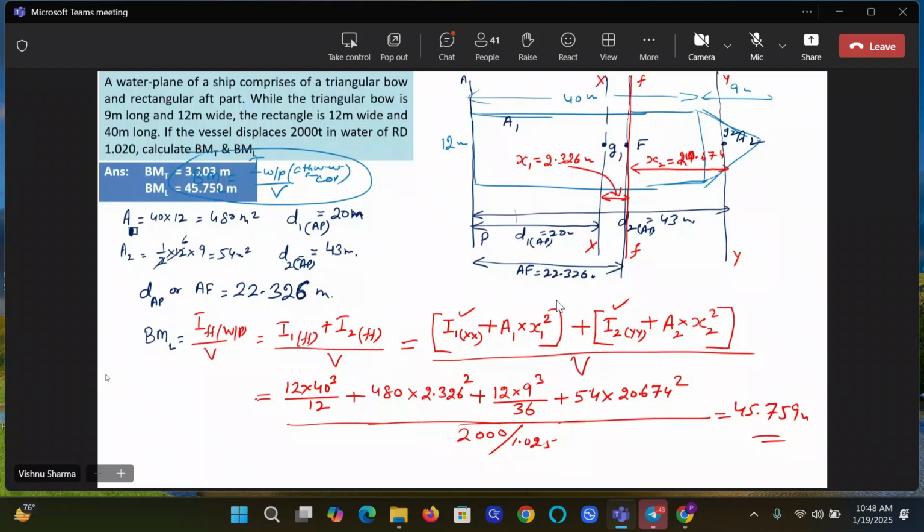Whatever I have written on this board is good enough for your presentation in the answer sheet, guys. But diagram, if you load properly, it will help you in solution. If you don't load the diagram, you'll mess it up somewhere. In the diagrams also, use a combination of pen and pencil. Okay, because then there will be distinction. You will be able to figure out much more from the diagram.